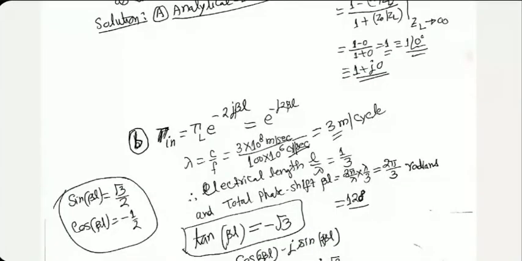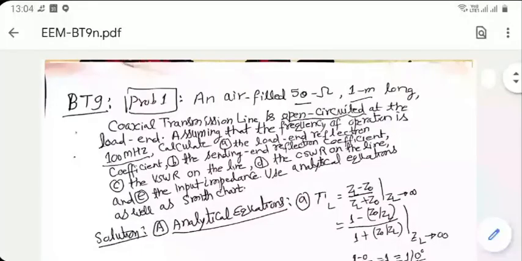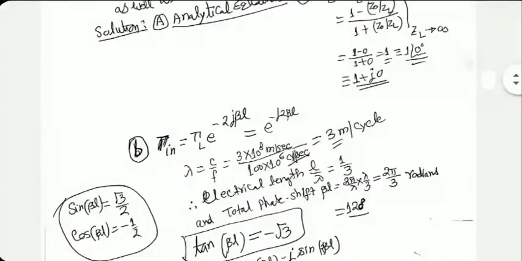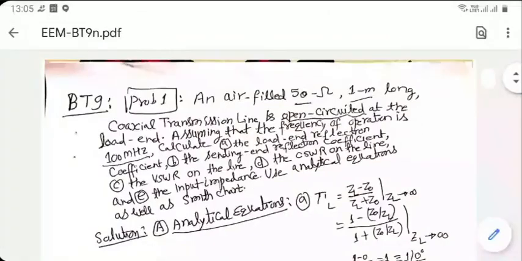C is speed of light, f is given as 100 megahertz. So lambda turns out to be 3 meters per cycle, of course. Electrical length will be L divided by lambda. It's a 1 meter long line, so 1 divided by 3 is the electrical length.